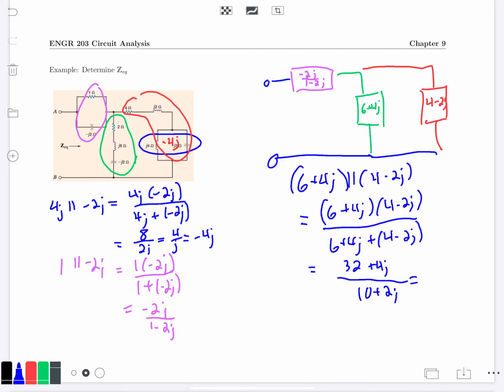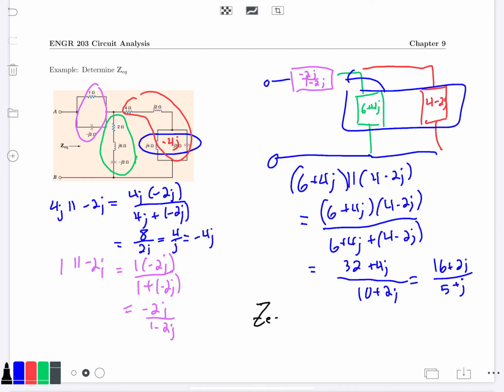But let's say divide top and bottom by 2, I'd have 16 plus 2J over 5 plus J. And then finally, this result here is in series with the purple. So your overall answer then, Z equivalent, is negative 2J over 1 minus 2J plus 16 plus 2J over 5 plus J. And then we want to work around and see what that's going to be.